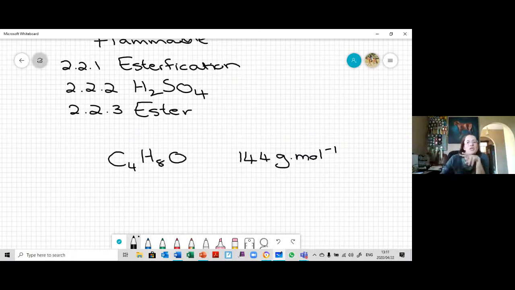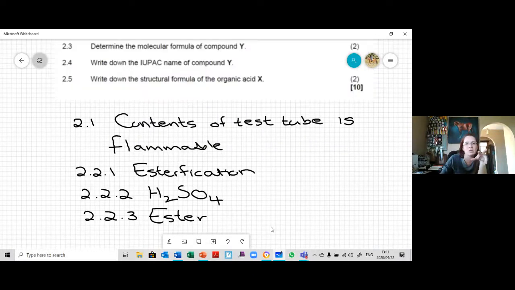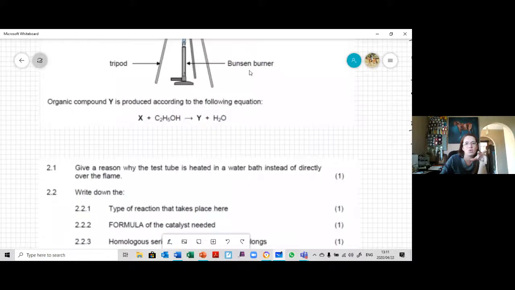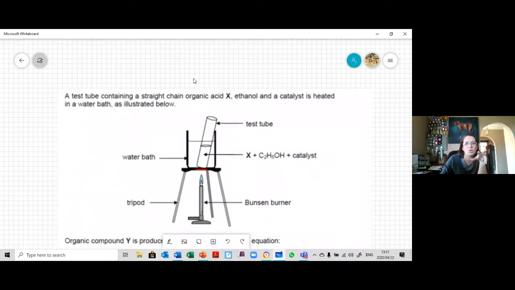Okay. The reason why we're saying that it is esterification is because we have an organic acid and an alcohol, okay? Organic acid plus alcohol equals esterification, okay?